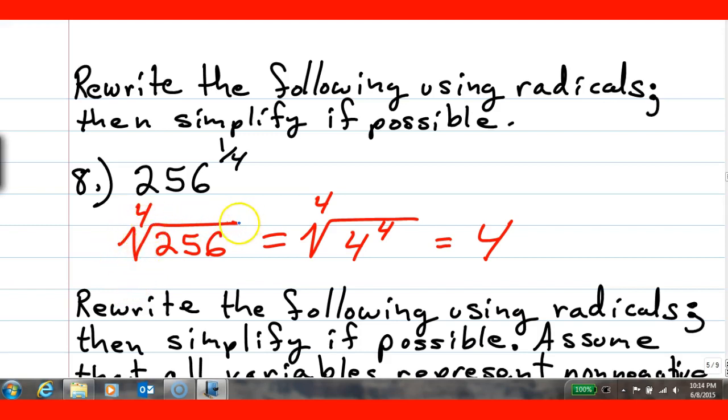So I'm going to write it out with my radical sign with the 4 up here, with the 256 underneath. Well, when I look at 256, 4 times 4 times 4 times 4 would create 256. So since I have the 4, I can pull that out, and I end up with an answer of 4.